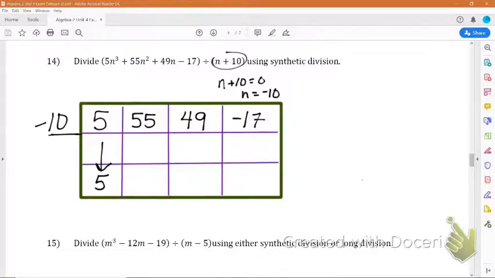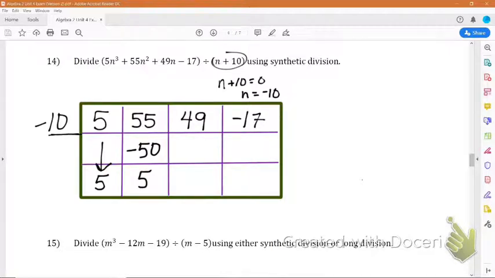I'm going to multiply 5. 5 times negative 10 is negative 50. Negative 50 plus 55 is 5.